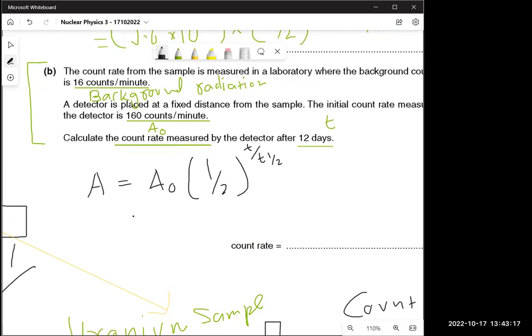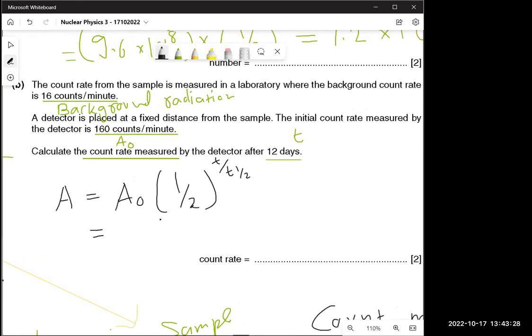Neha, tell me the equation. A is equal to A naught into half to the power T divided by T half. Now, tell me the values for A naught, for T, and T half. You can tell me in the chat. T is 12 days.